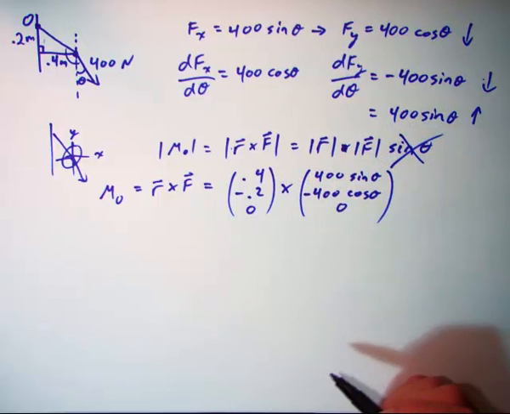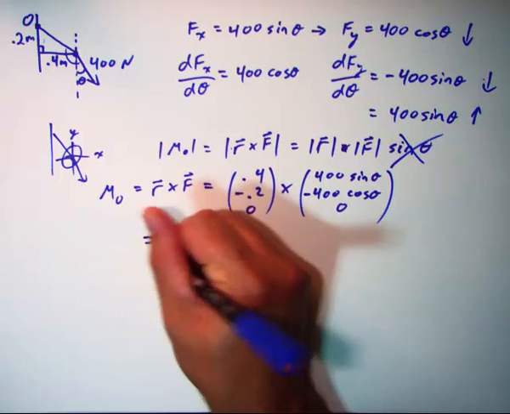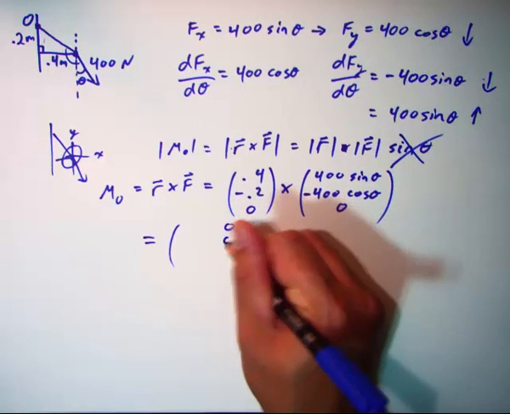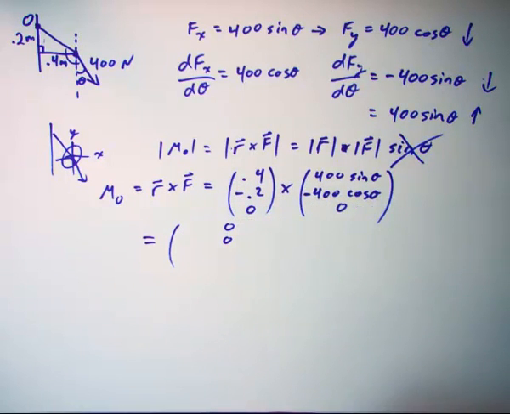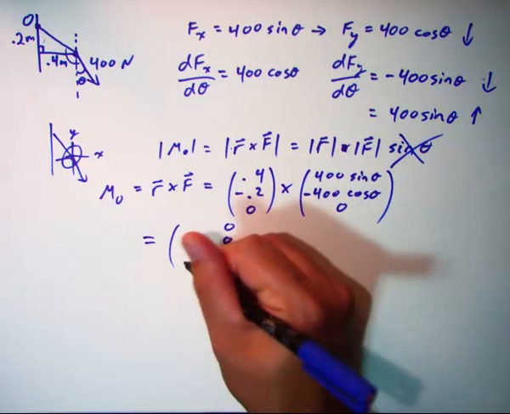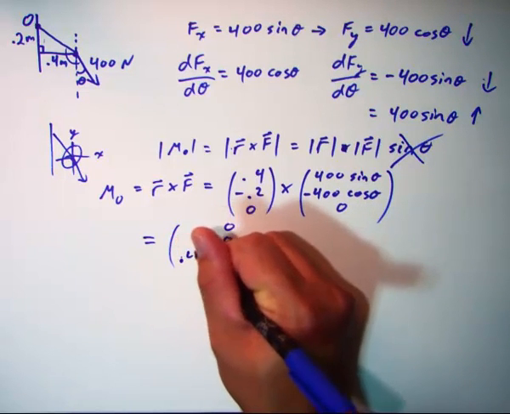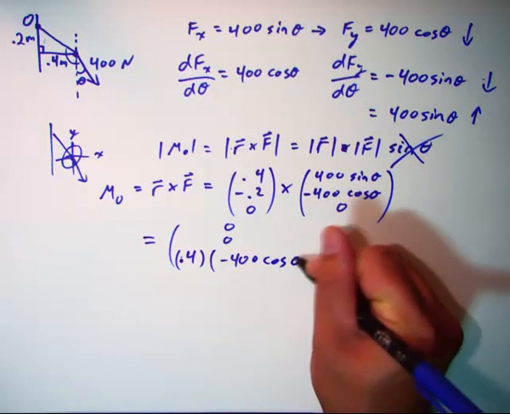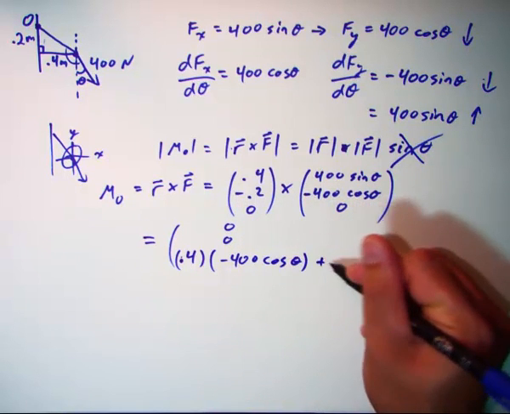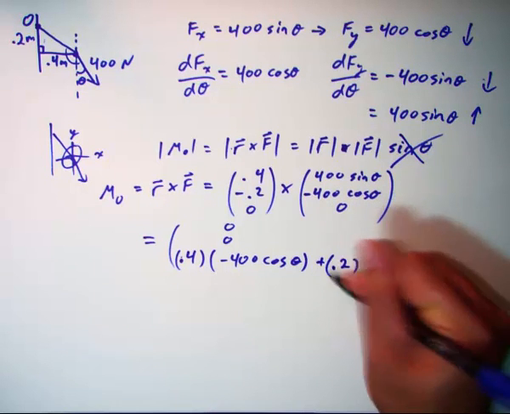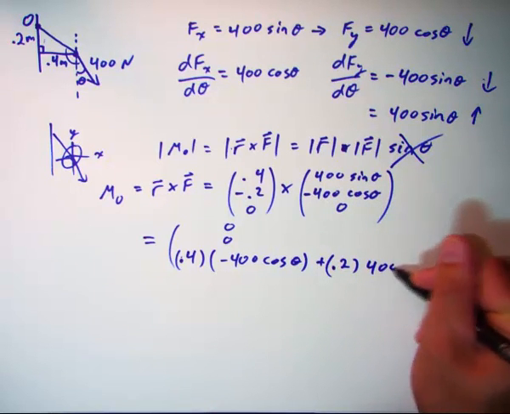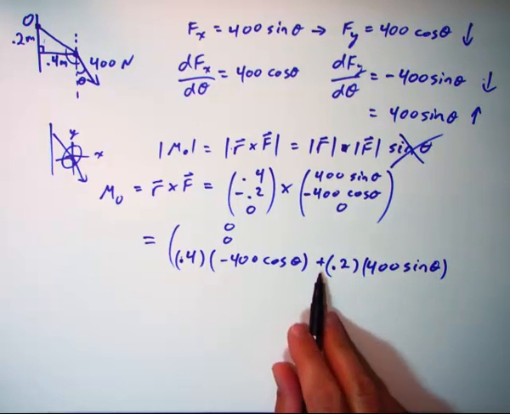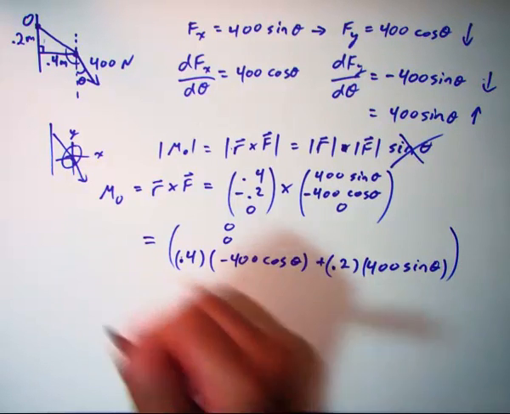Now, to find the cross product of these vectors is pretty straightforward. Use whatever method you want, and you end up with the first 2 components being very, very easy, and then you have 0.4 times negative 400 cosine theta plus 0.2 times 400 sine theta. Right, this one's going to be double negative.